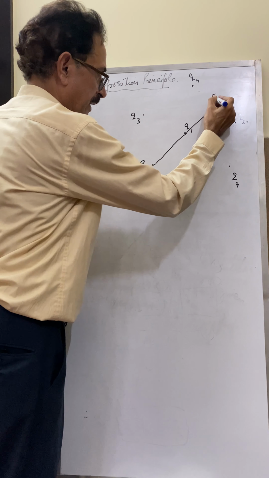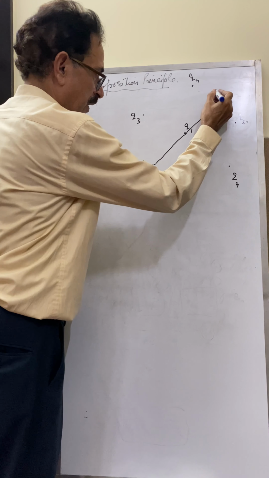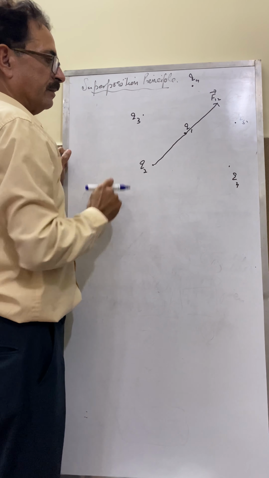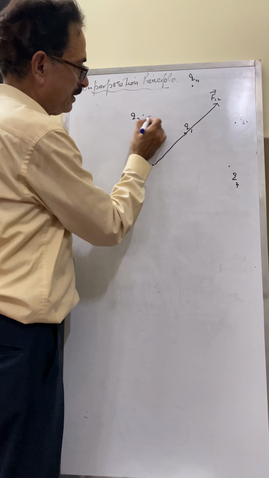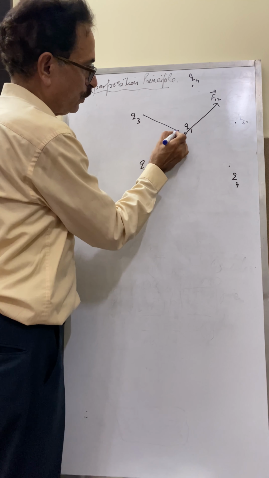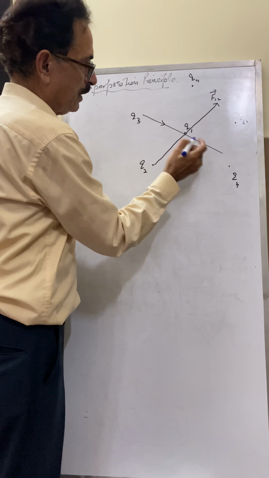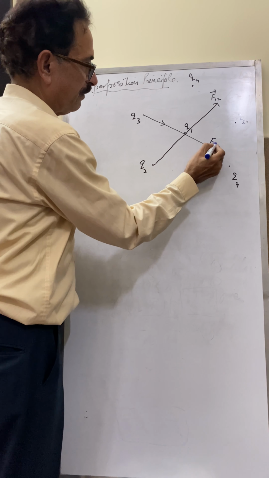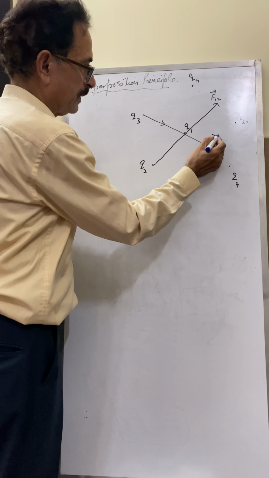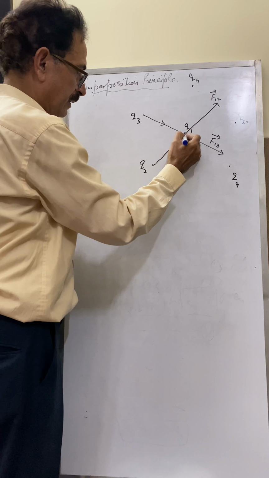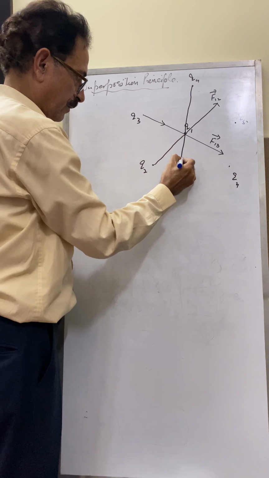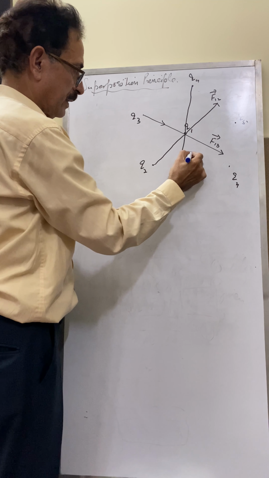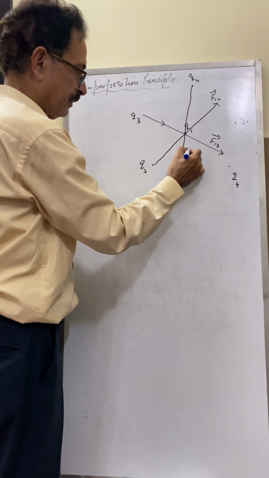We can write it as F12, force on 1 due to Q2. Q3 repels Q1 with a force F13. Q4 repels Q1 with a force F14.